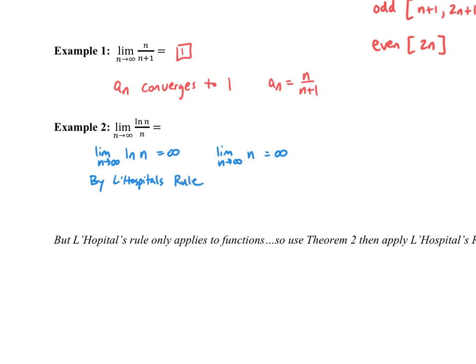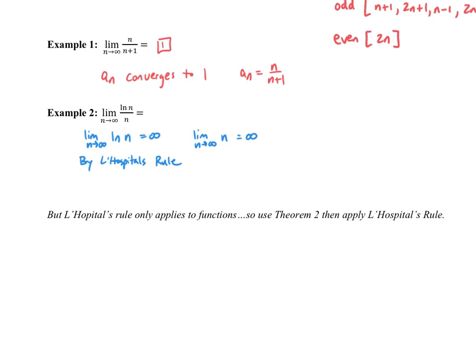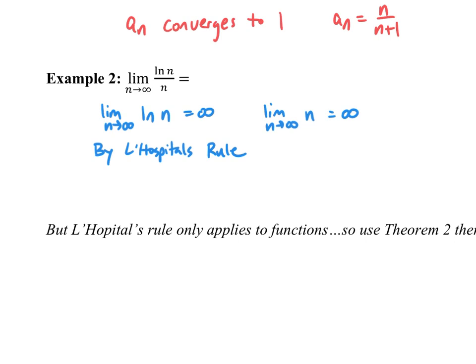The reason we can do this, and it says this at the bottom of the page here, is because of theorem 2 of the previous page, where we're able to compare sequences and functions as long as the function is continuous. We can look at this in the context of L'Hopital's rule, which is really a function rule, but because we can compare these sequences with functions, we can do this with this particular sequence.